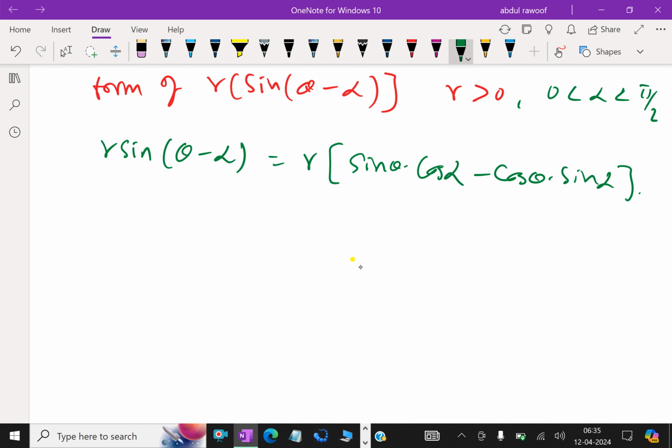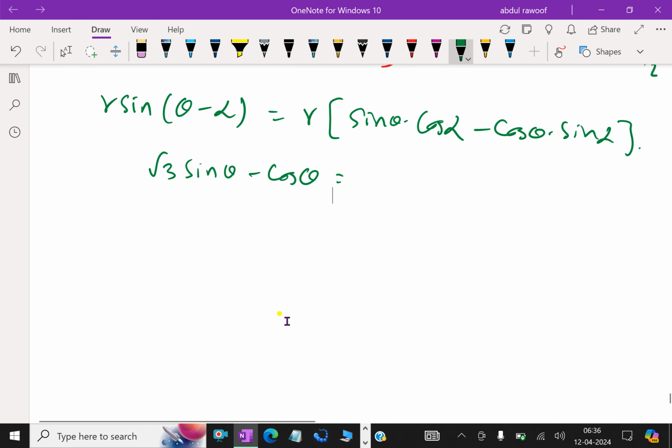Now comparing the coefficients, we are given root 3 sin theta minus cos theta. Here root 3 squared is 3, 1 squared is 1, therefore we can find R first.